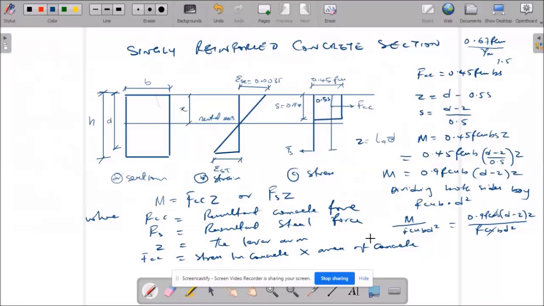Let me wipe this off so that it will not conflict with what we're doing.